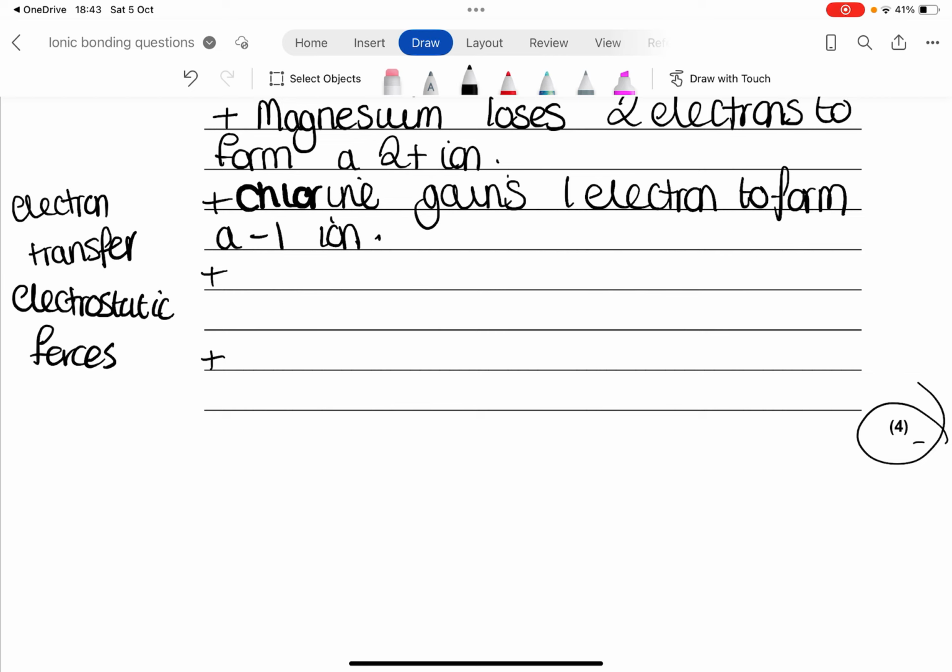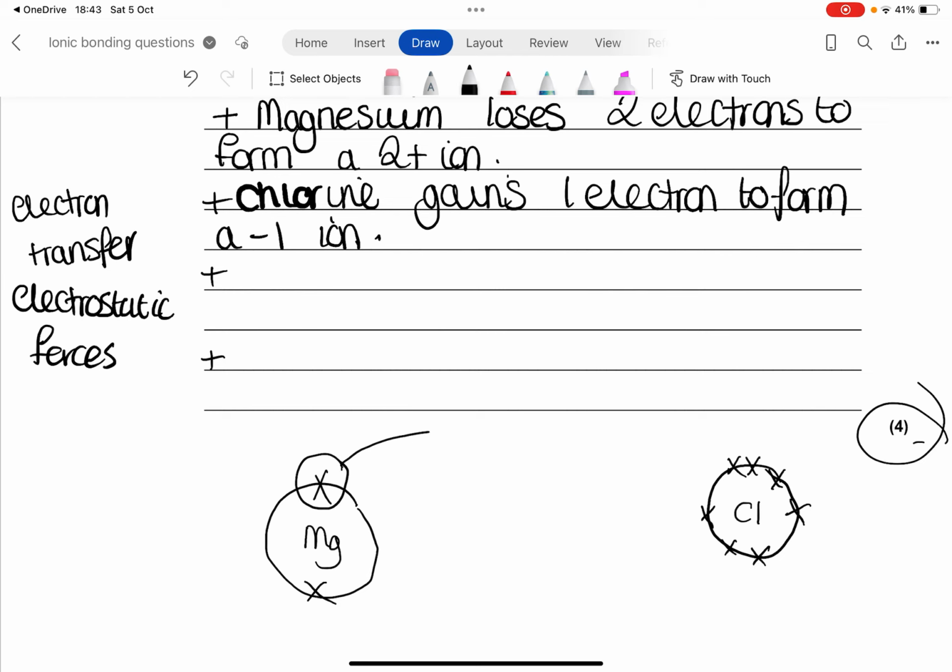So the examiner wants me to pick up on that. He wants me to pick up on the fact that magnesium has got 2 electrons on its outer shell. Chlorine has got 7 electrons on its outer shell. So this 1 electron is going to go over to here to make it 8.